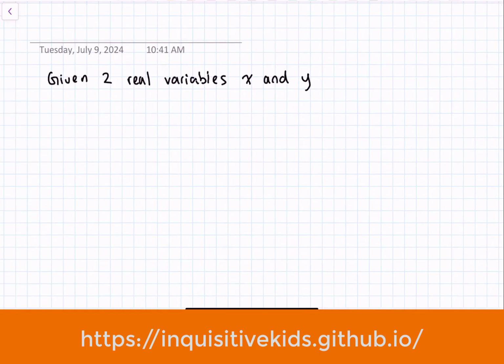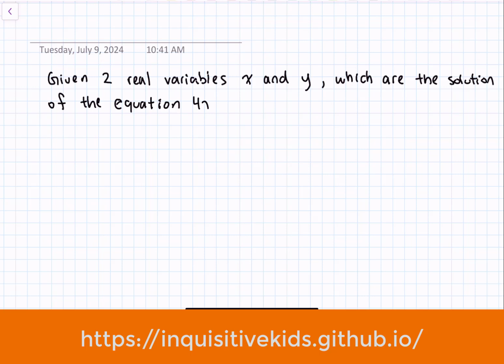They are the solution of the equation 4x squared minus 5xy plus 4y squared is equal to 5.